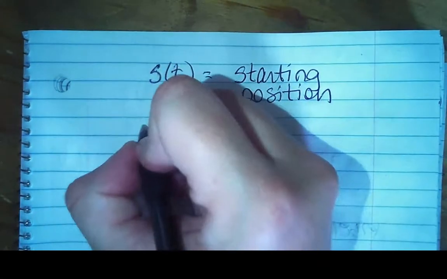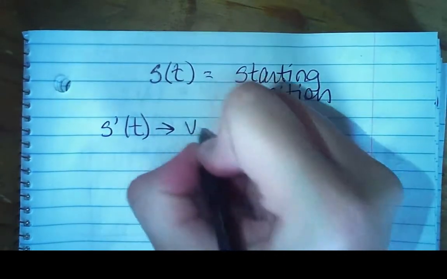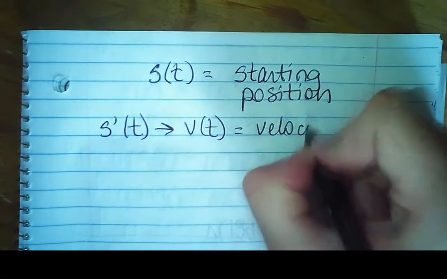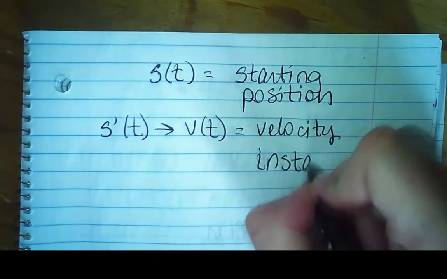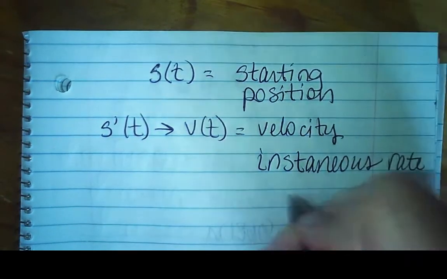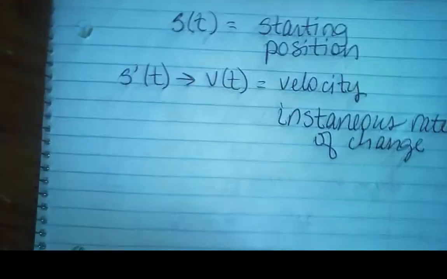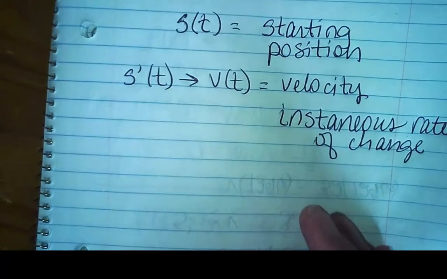Your first derivative is going to be your velocity function, which is also the instantaneous rate of change, which is also how your original function changes per item.